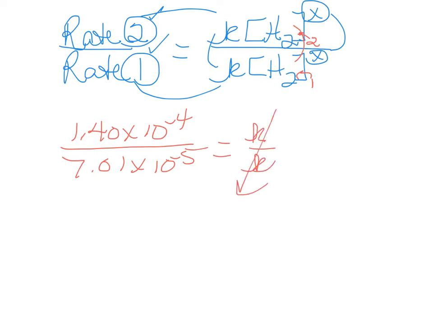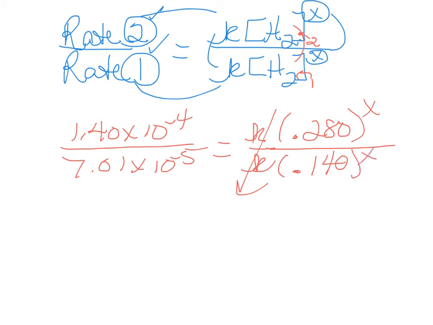It's all the same reaction, so it has the same reactant and the same rate constant. The concentration of hydrogen gas for experiment 2 is 0.280. The concentration of hydrogen gas in experiment 1 is 0.140. And now if we simplify this, 1.4 times 10 to the minus 4 divided by 7 times 10 to the minus 5 is 2.